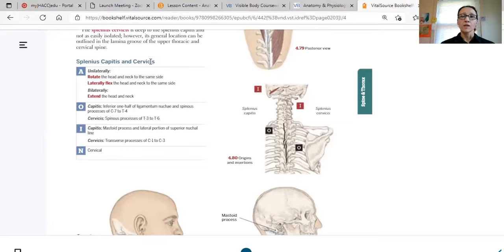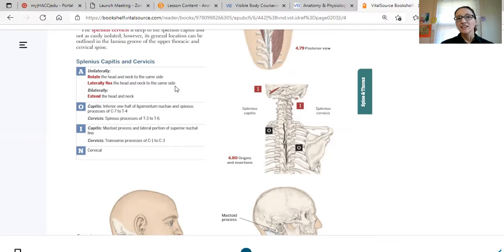Unilaterally, they can rotate the head and neck to the same side. So they are ipsilateral rotators. Rotation to the same side is ipsilateral rotation. Remember? Good. They rotate to the same side, and they can also laterally flex the head and neck, of course.